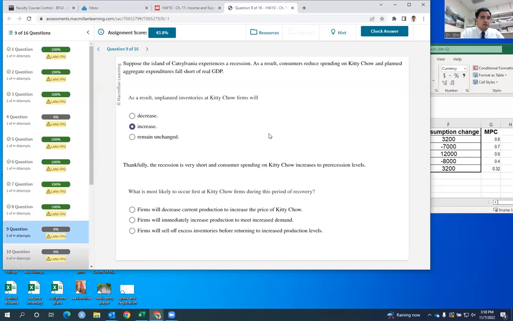Thankfully, the recession is short-lived. Consumer spending on kitty chow increases to pre-recession levels. So they're going to have a glut of kitty chow that they have to burn through before they start making new stuff. Firms will sell off excess inventories before returning to increased production levels. Hopefully, cats didn't go hungry during the recession.